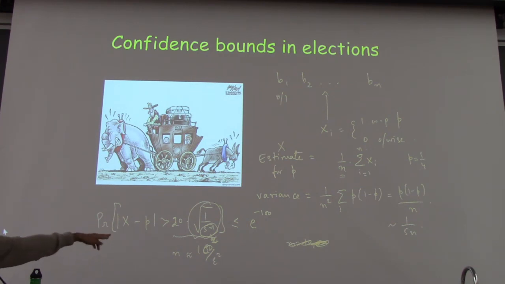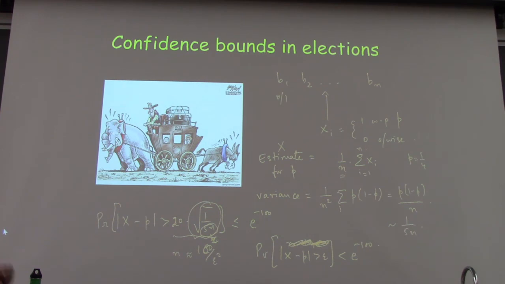So if I set n to be 100 divided by epsilon squared and plug it in, then you get that the probability that x minus p is more than epsilon is less than e to the minus 100.